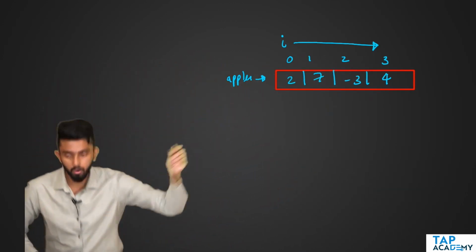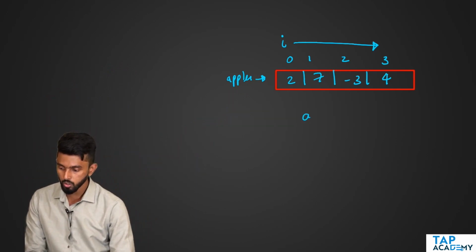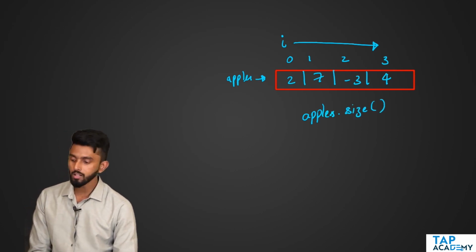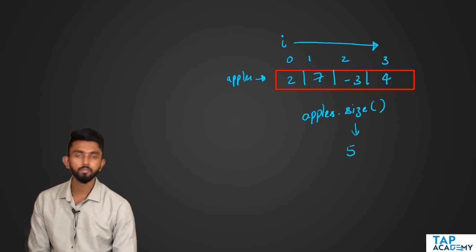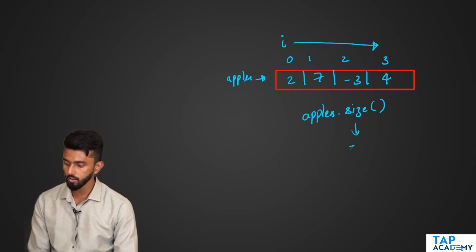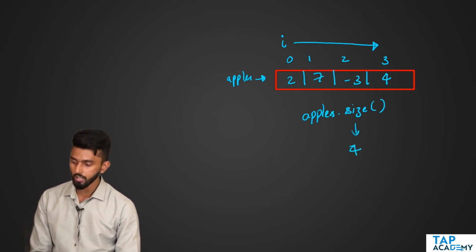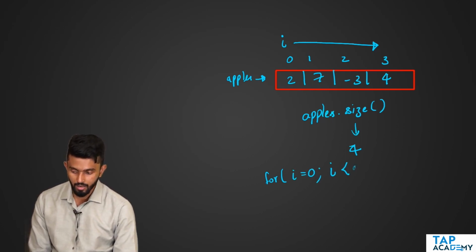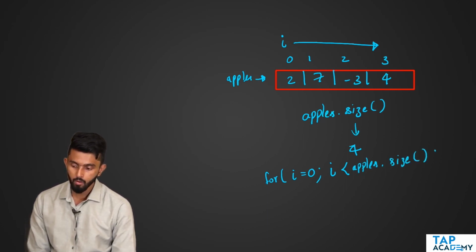If you want the number of elements here, all you have to do is tell apples dot size. If there are 4 elements, it will give you 4. Now you want to go till 3, so: for i starting from 0, i goes as long as its value is less than apples dot size, one by one you increment, and inside that whatever you want you write.